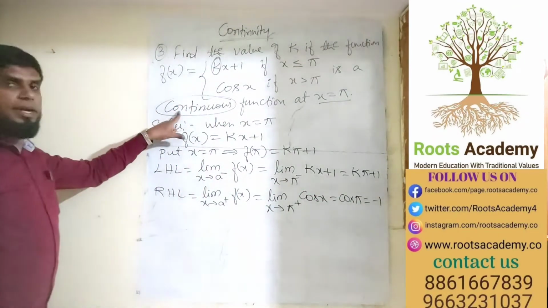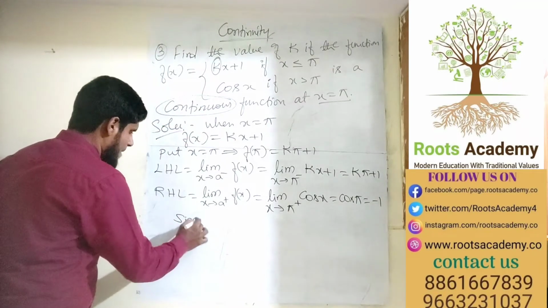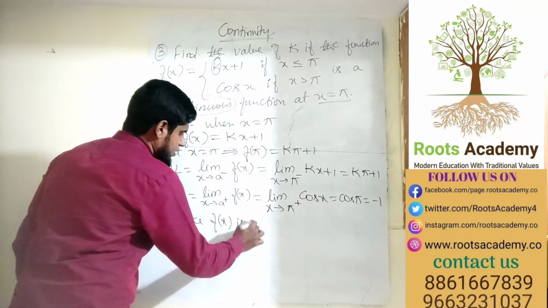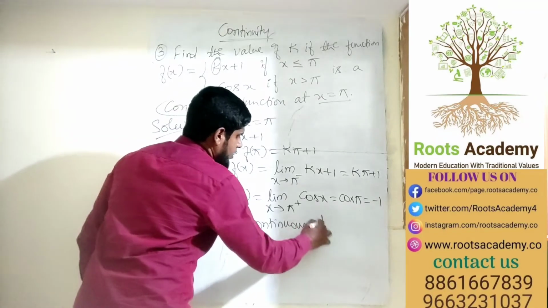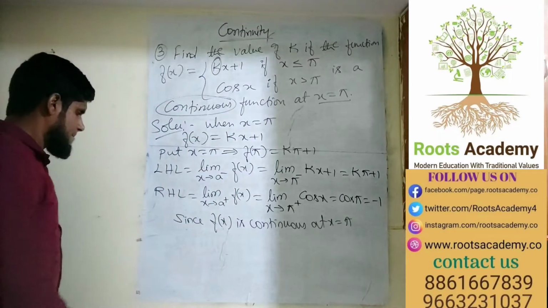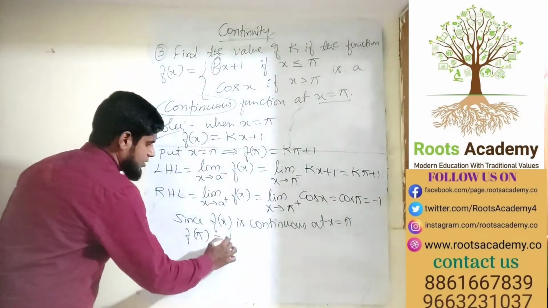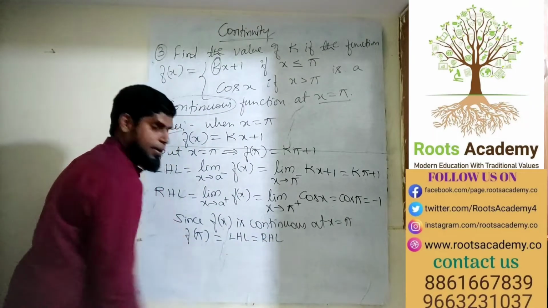Since he declared it is a continuous function, f of x is continuous at x equal to pi, so f of pi is equal to the left hand limit is equal to the right hand limit.